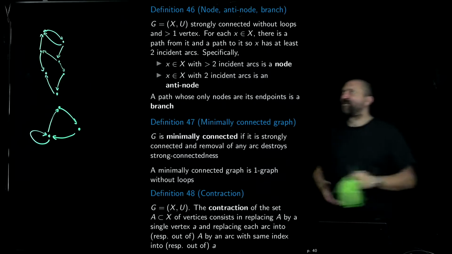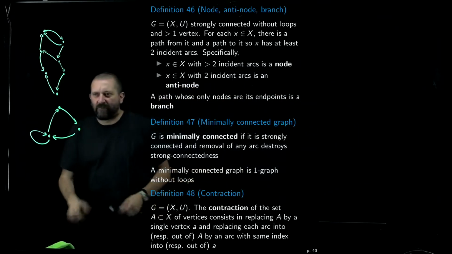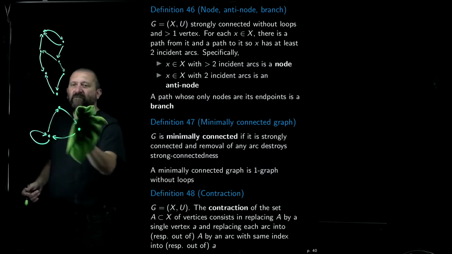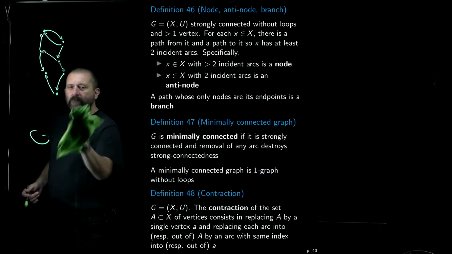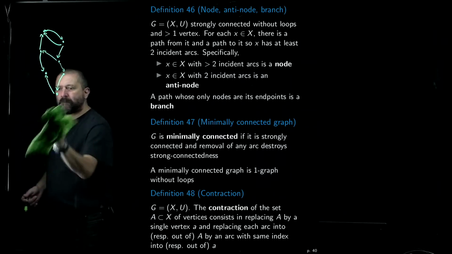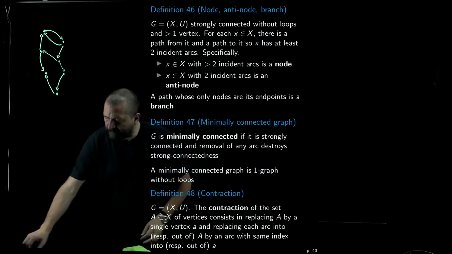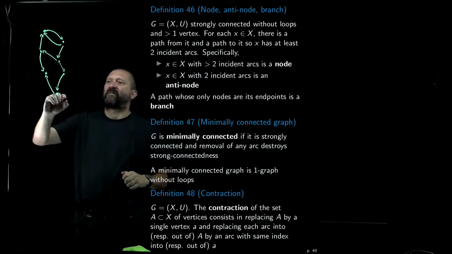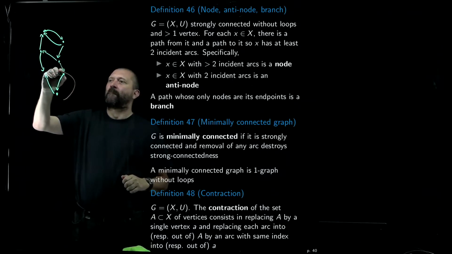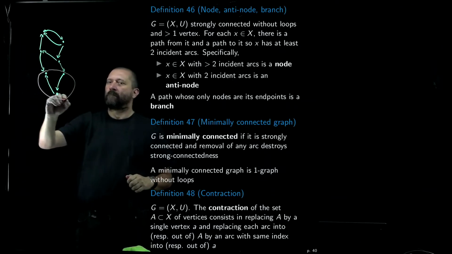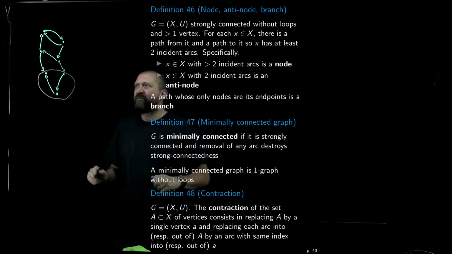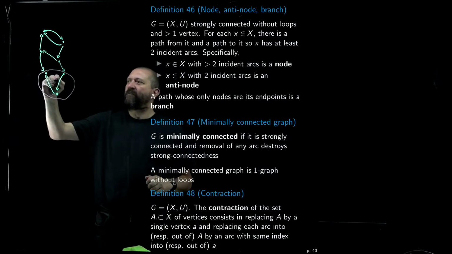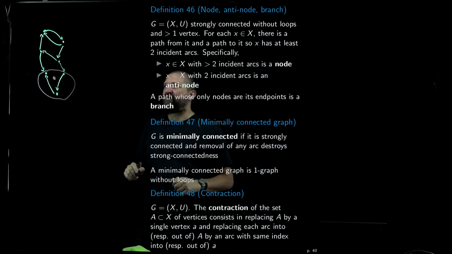So for instance, let me show you. I could contract this graph with respect to, let's say, these 3 vertices. Okay. So if I do so, I replace all these vertices by this vertex here.